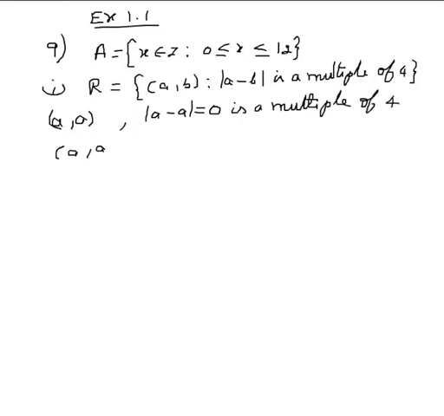So I can say that (a, a) belongs to R for every a belonging to capital A. In capital A we have set of all integers 0, 1, 2, 3, etc. up to 12. So it is true for all the elements belonging to A, therefore we can conclude that R is reflexive.